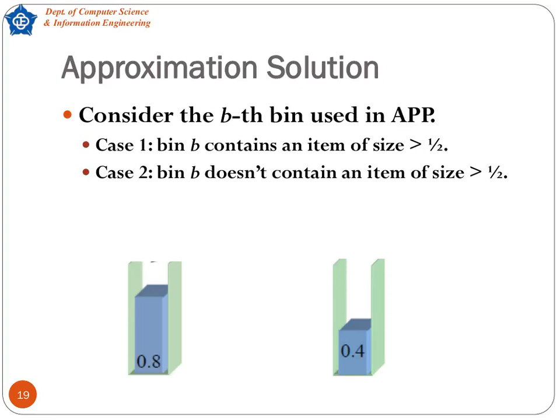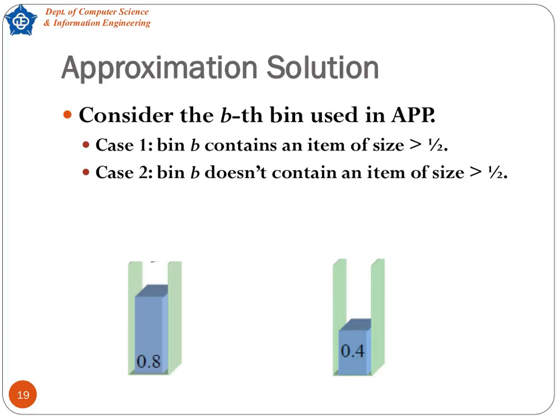First, case 1. This occurs when bin i holds at least one item whose size is greater than 1/2. Take a look at the image on the left. It vividly illustrates this scenario. Here, the bin contains an item of size 0.8, which clearly satisfies this condition.